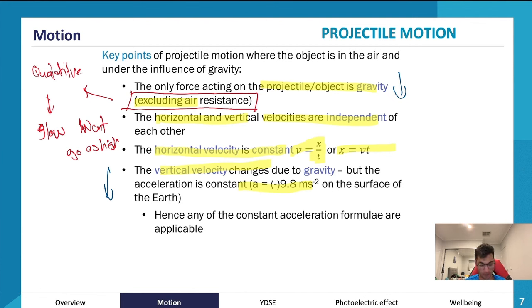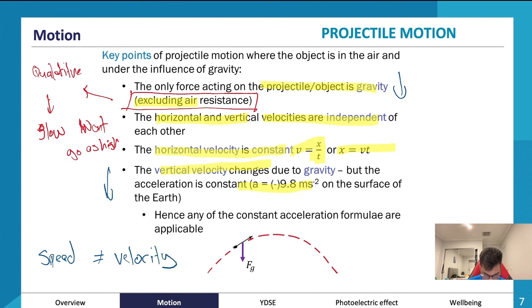Another trick question when it comes to projectile motion is the difference between speed and velocity. You have to keep in mind that speed and velocity are not the same thing.